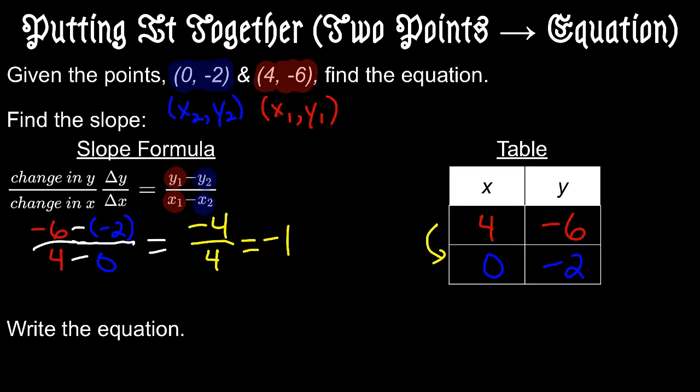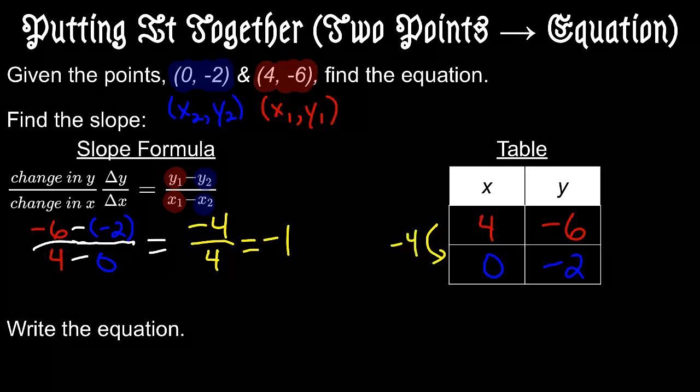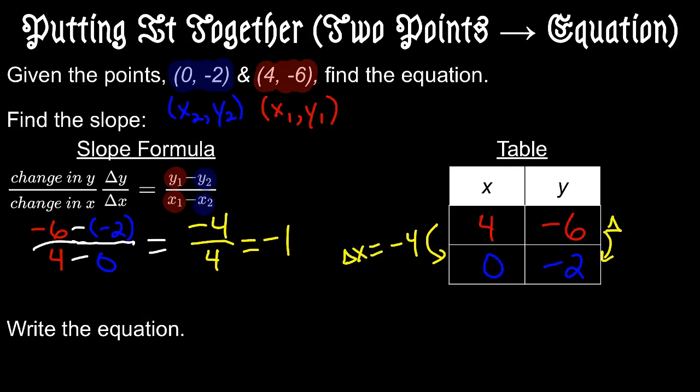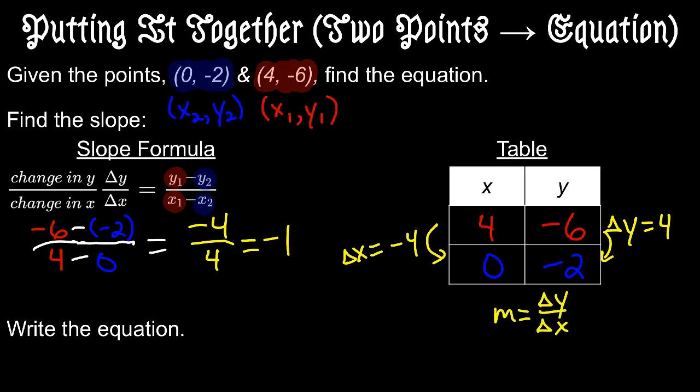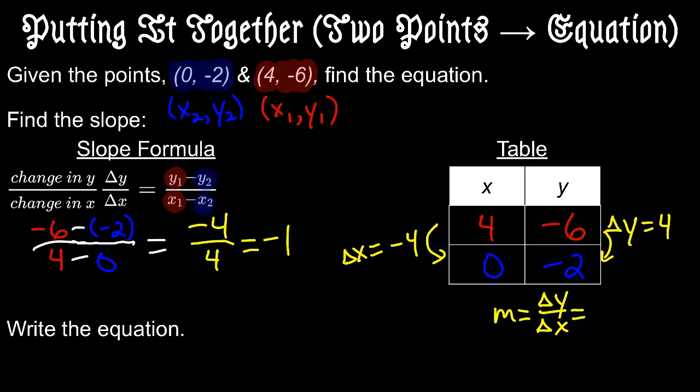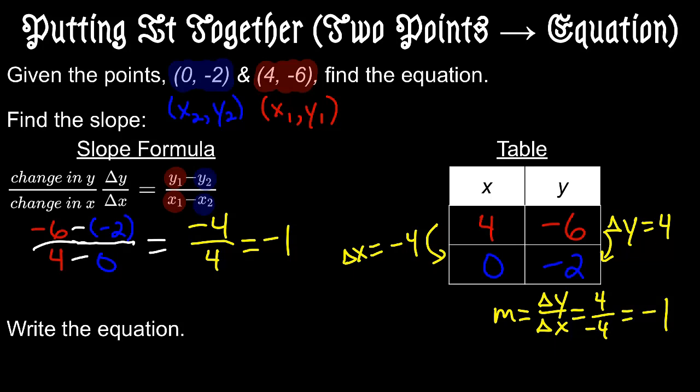Notice that our x value decreases by 4, and so our delta x is negative 4, and our delta y is positive 4. So that means that our slope is delta y over delta x, which equals 4 over negative 4, which is negative 1.